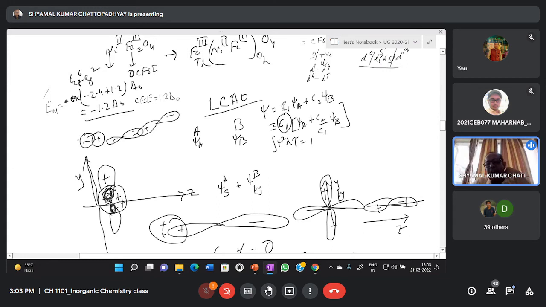We are taking a linear combination of the two atomic orbitals and forming a new orbital which we may call a molecular orbital. And you can easily find out from simple mathematical calculation what C1 and C2 are. That can be found out, right?